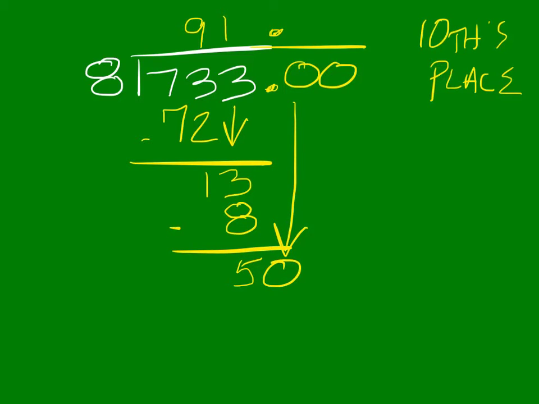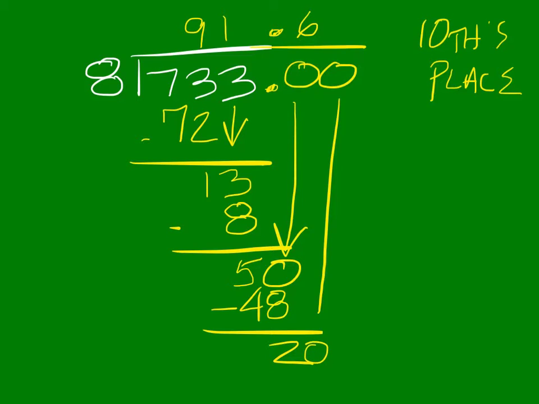How many times will 8 go into 50? 6 times. And what do I write? 48. And what's left over? 2. Now what? How many times will 8 go into 20?